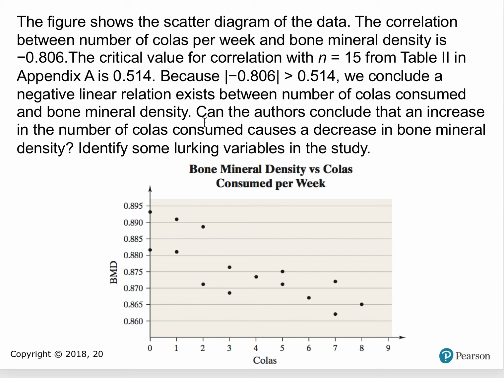But can the authors conclude that an increase in the number of colas consumed causes a decrease in bone mineral density? To claim causality, remember, we got to collect the data through a designed experiment. Okay, this was not a designed experiment. It was cohort data.